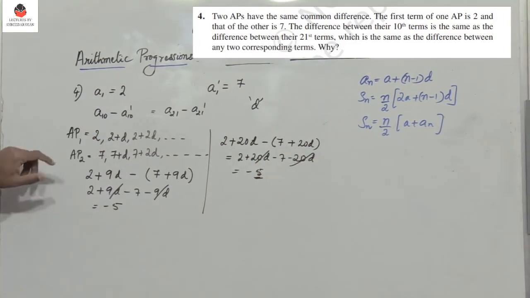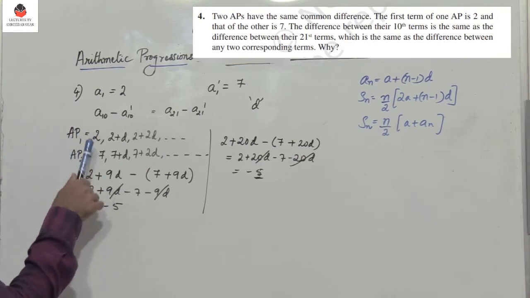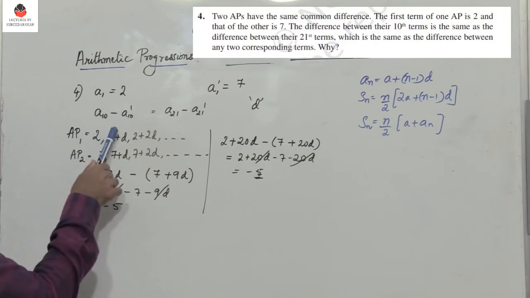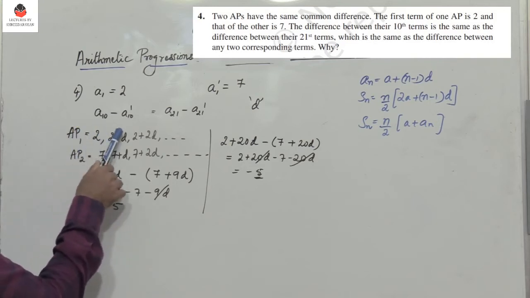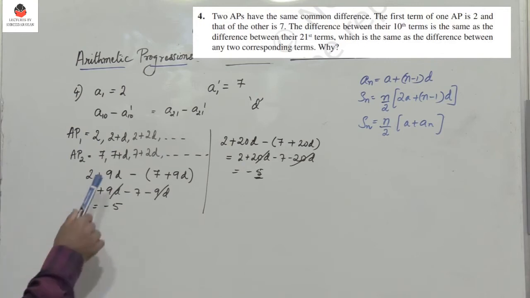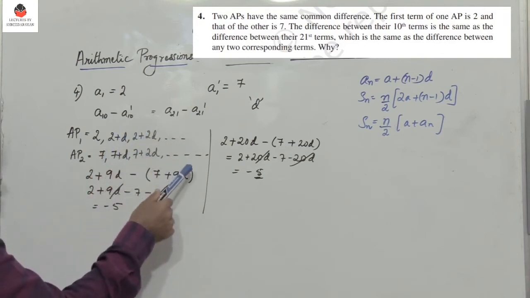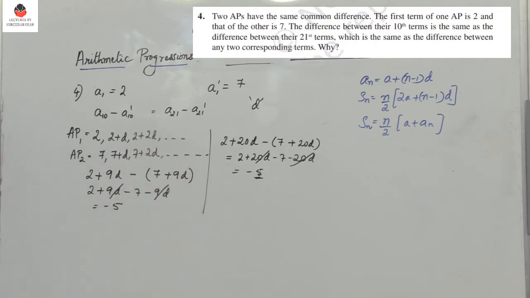So from this we can conclude that if you have two arithmetic progressions wherein they have the same common difference d, then the difference between the first terms of these two arithmetic progressions, the difference between the second term of AP1 and AP2, the difference between the third term of AP1 and AP2 and so on, they all will be the same, which is equal to minus 5, right?